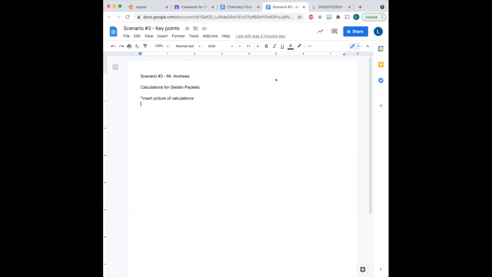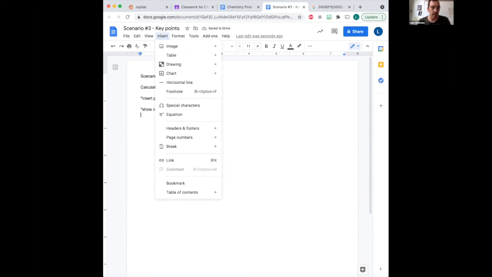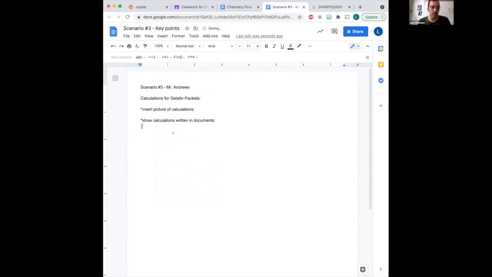So if we're doing slides, will we just have to basically put that screenshot in our slides or write it out? You can. On both Google Docs and slides, you can insert calculations. So if you want, you can write an equation out, and you can write out 24,000 GU times, and you have a bunch of functions that you can put in.